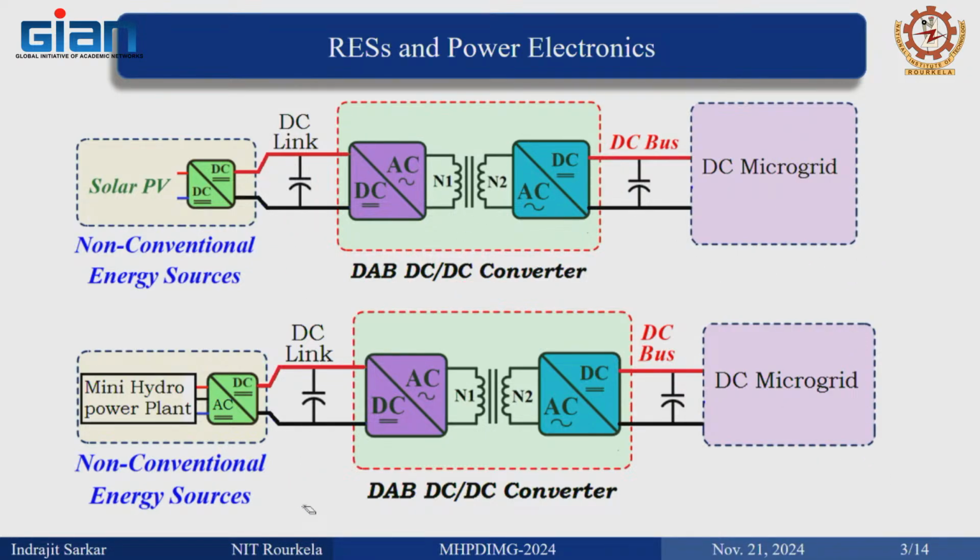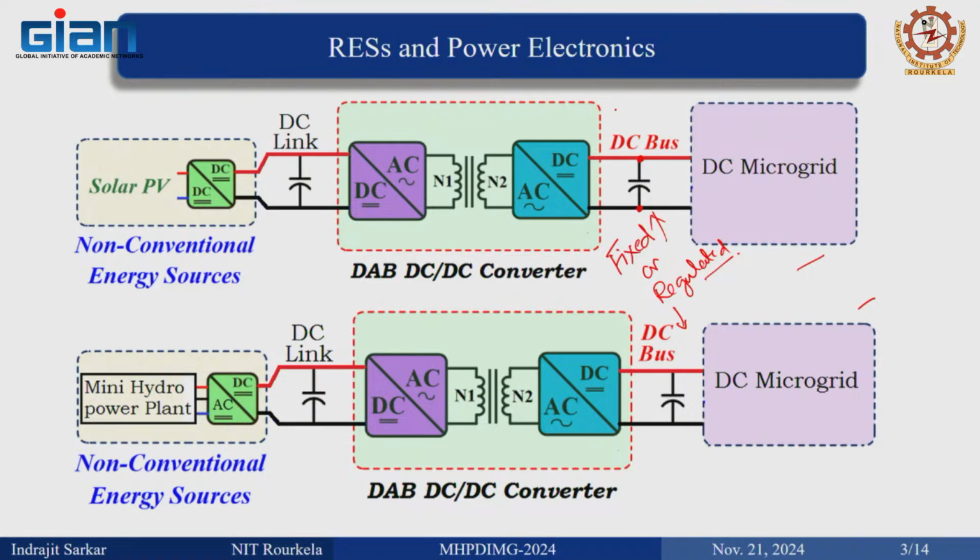When you have a microgrid or any grid, this DC bus voltage is fixed or regulated to a certain voltage, for both the cases.